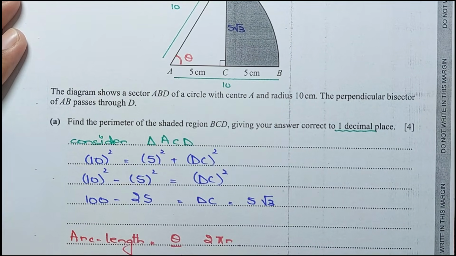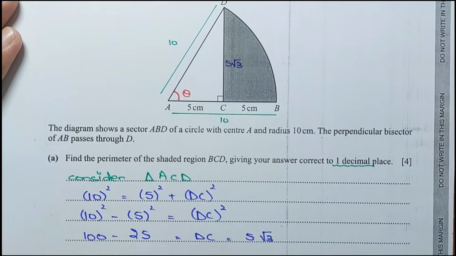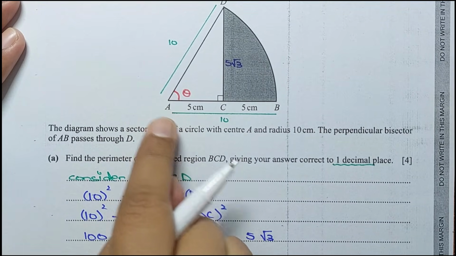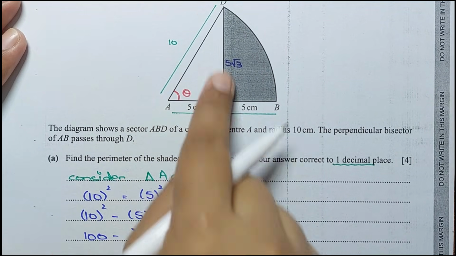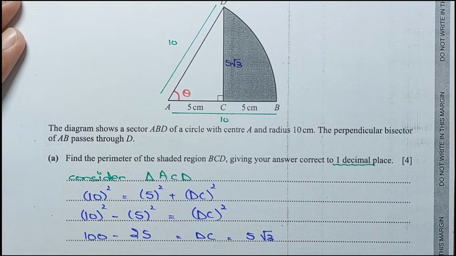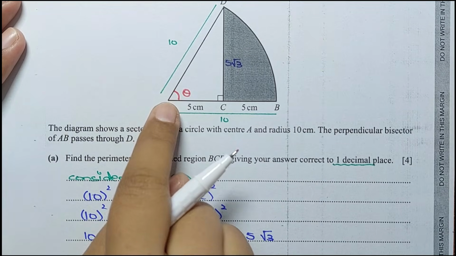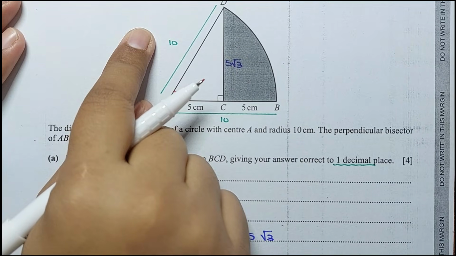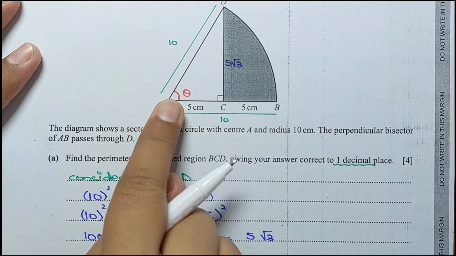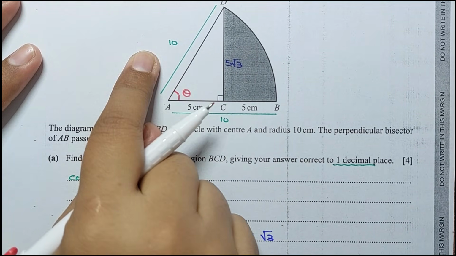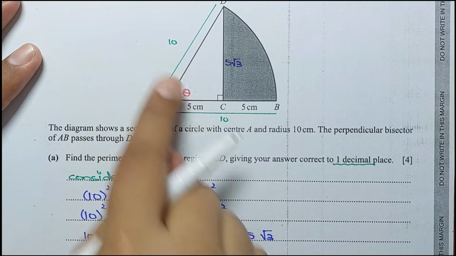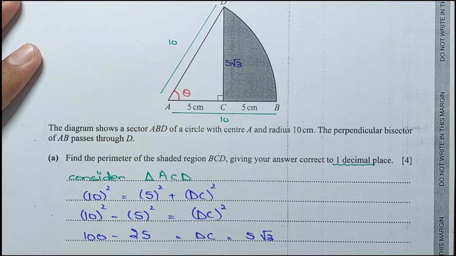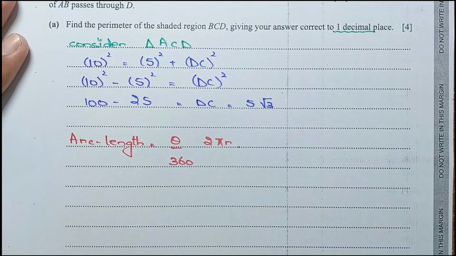So the first thing is to figure out the value for theta. For this right angle triangle, we have the base, the perpendicular, the hypotenuse, so we can easily find theta. Sine theta is opposite over hypotenuse, cos theta is adjacent over hypotenuse, and tan theta is opposite over adjacent. Okay, this is up to you.